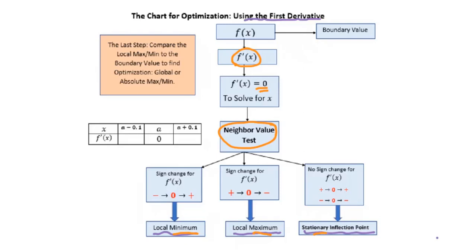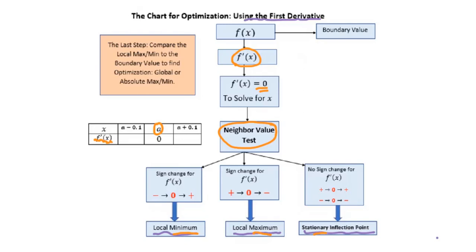Then for these roots, suppose it's A, we will do the neighbor value test. We will choose A plus 0.1 and A minus 0.1. We just need to check the sign of the derivative at A minus 0.1 and A plus 0.1.